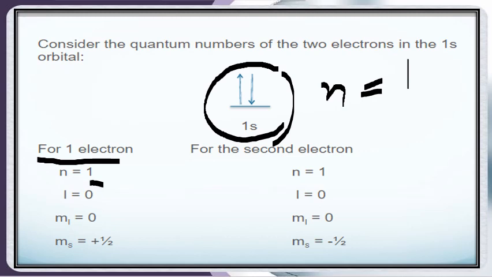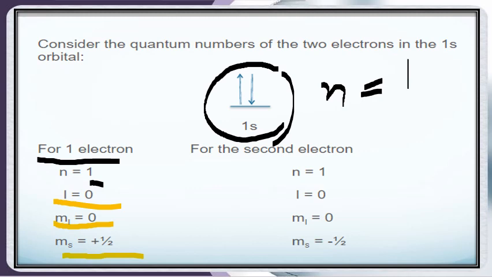I think you are familiar now that the value of L for s is 0. If the value of L for s is 0, its m value is also 0. And here we have the spin of +half, meaning this electron is moving anti-clockwise. Now, what about the second electron in the same orbital?